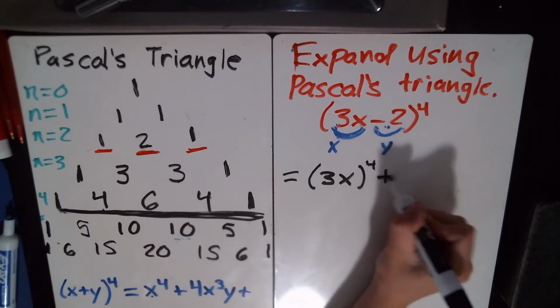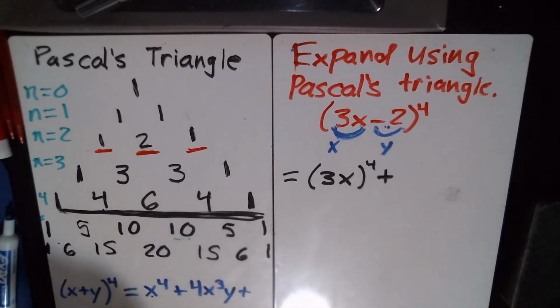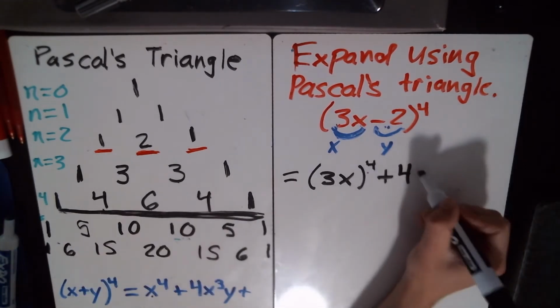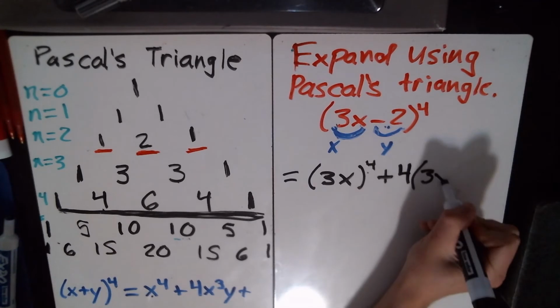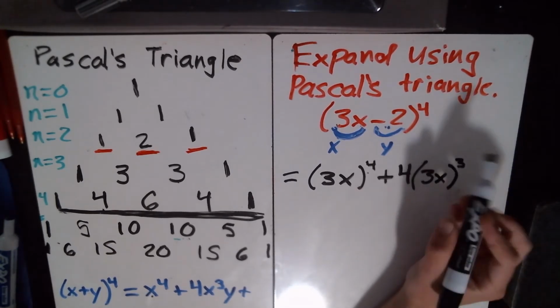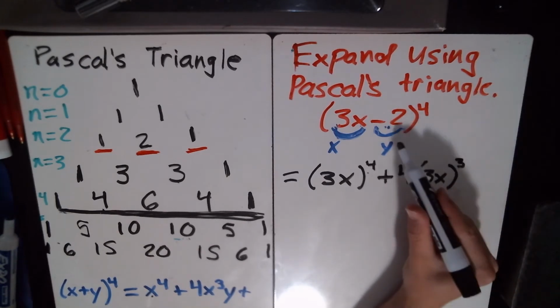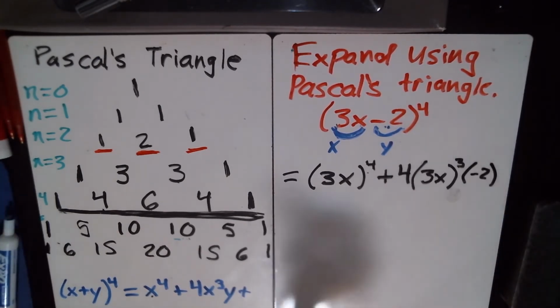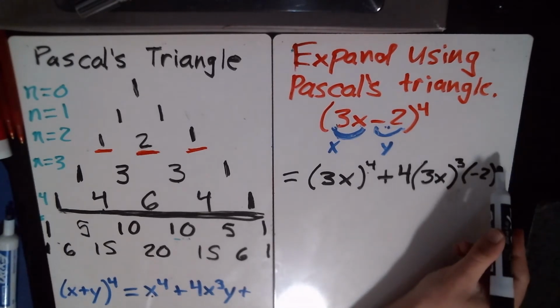Then we're going to do plus, well, we've got 4 of these, and we decrease the power on the first thing. So we do 3x cubed, and then times the other thing raised to a higher power, -2 raised to the 1 power.